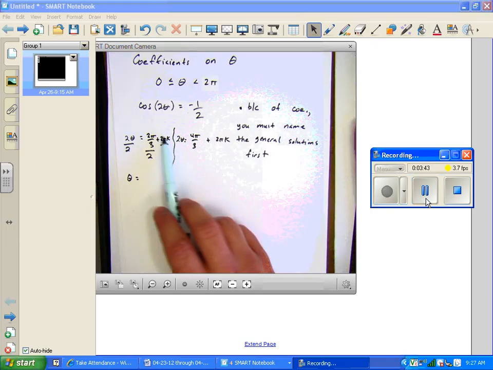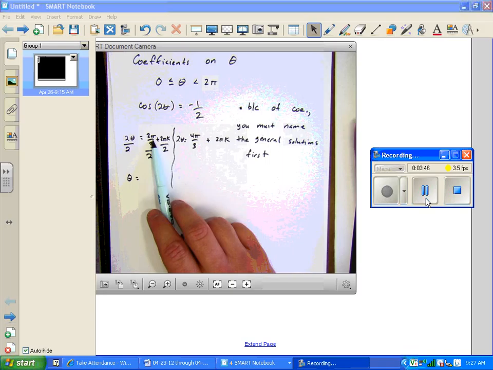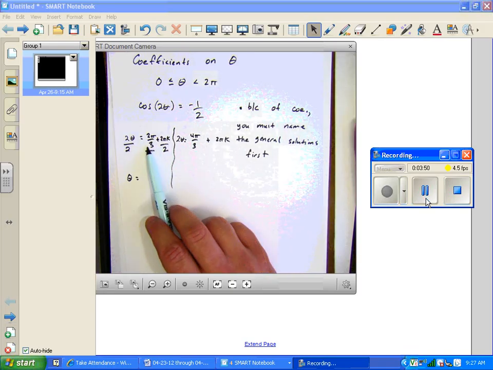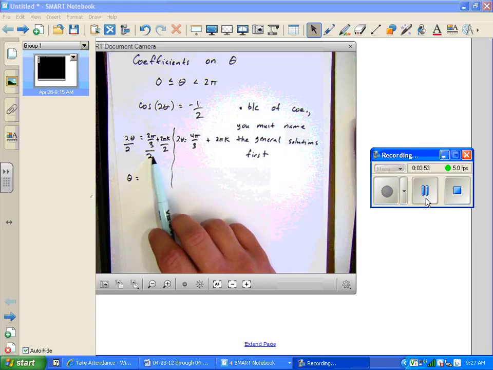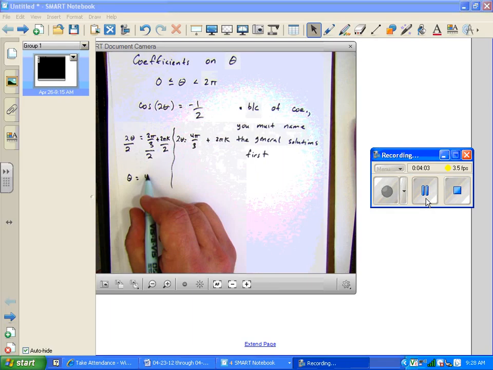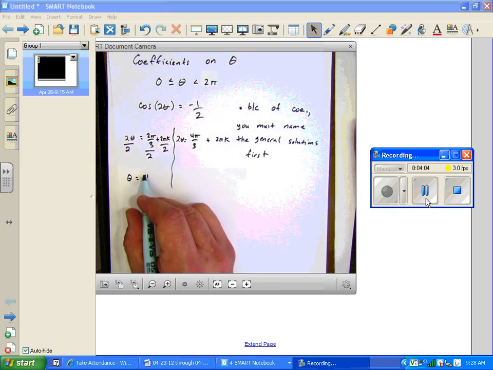Instead of dividing a fraction by 2, think of it as multiplying by 1 over 2. So it just basically takes the denominator and doubles it. Okay, so whatever number was right here, we would multiply it by 2. So that would be 2 pi over 6, which would be pi over 3.